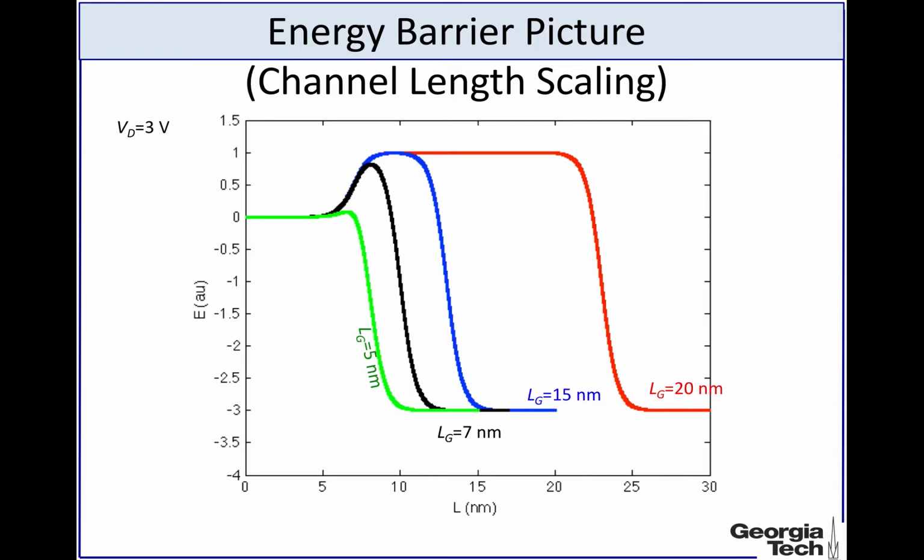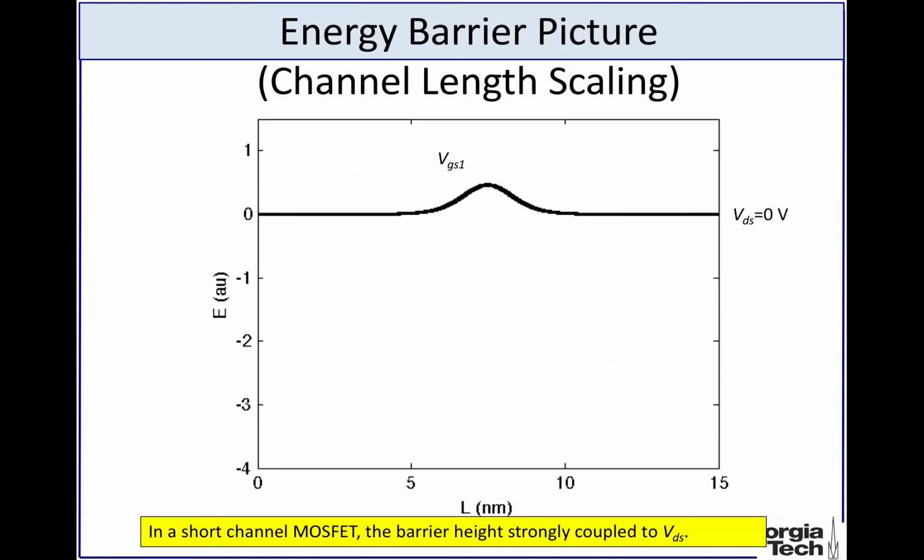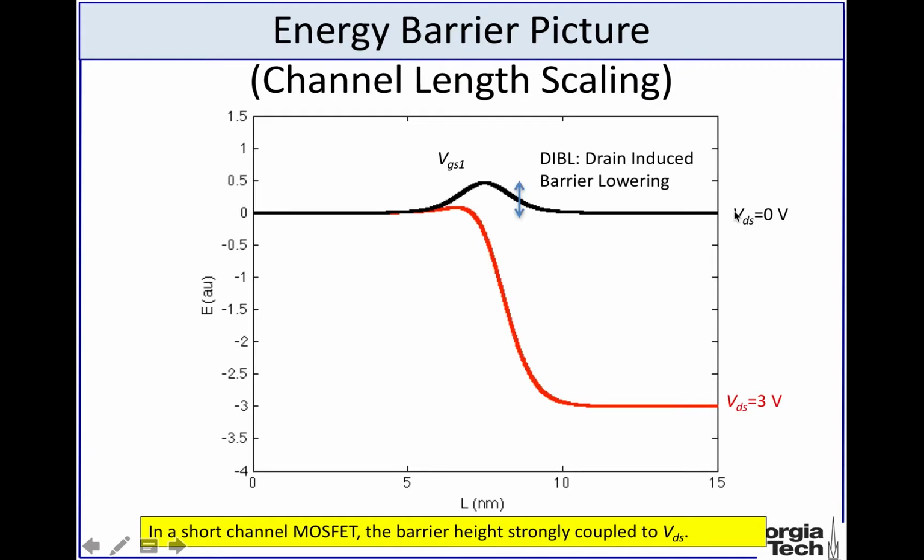In other words, as you scale down the channel length, the barrier height gets more and more modulated by the drain voltage. To make that point, let's look at a very short channel transistor, 5 nanometers. This is the barrier that we have for a drain voltage of 0 volts. Now if we apply 3 volts, you see that the barrier has decreased.